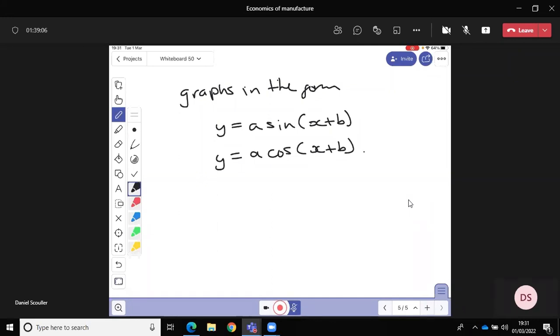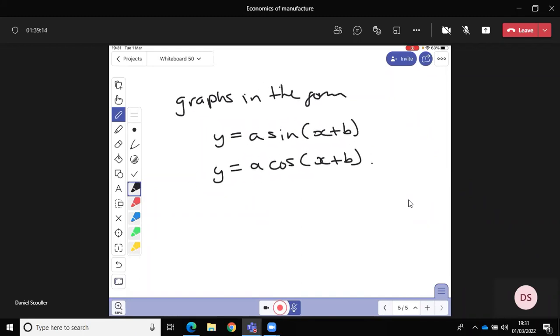So let's have a wee look at that. A is still the amplitude. B in this case is movement along the x-axis.